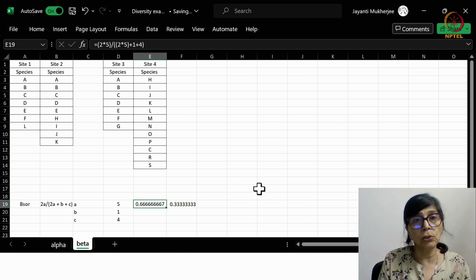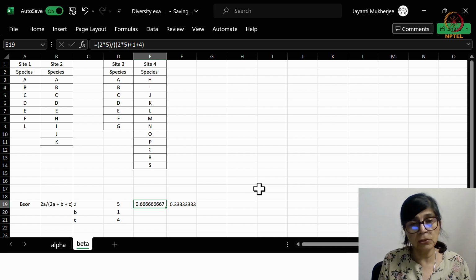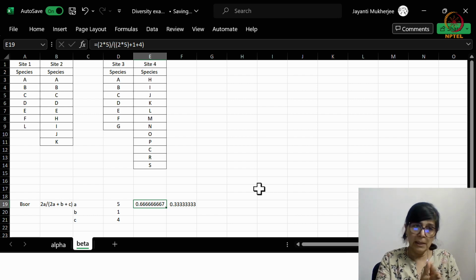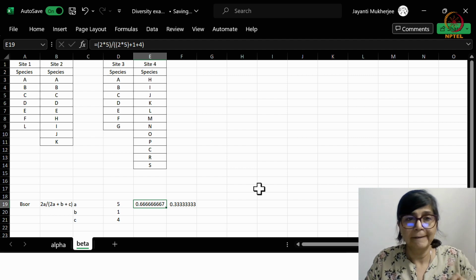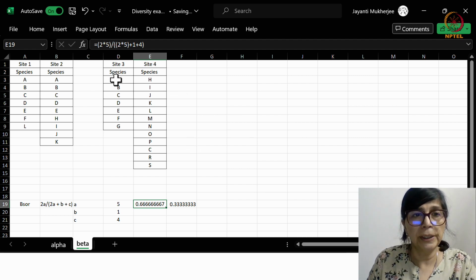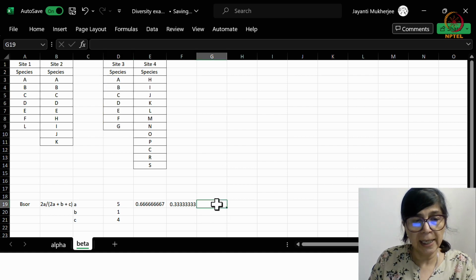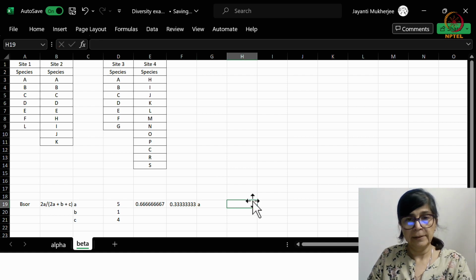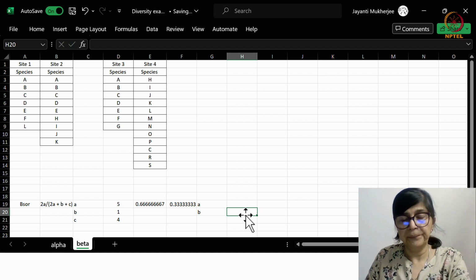researchers have actually shown different measures of nestedness as well as turnover. So not to confuse with this, but this is just to simply put beta Sorensen's similarity index. So here we have A, B, C, D, E, F, G. Okay. And so all 7 are unique to the site.